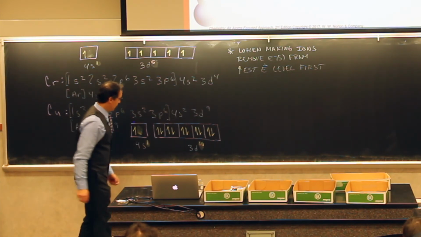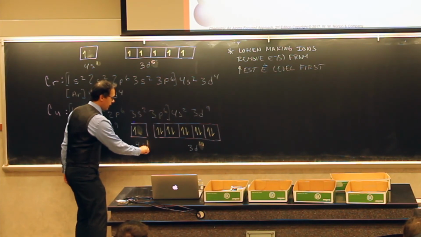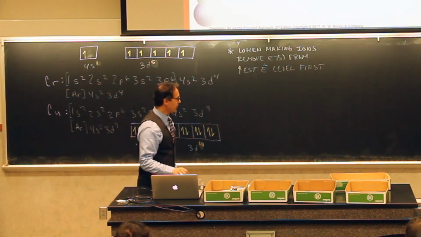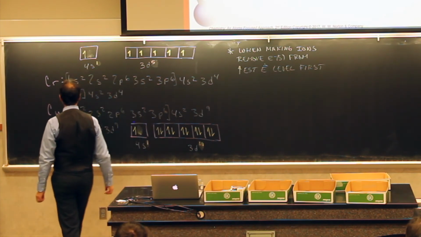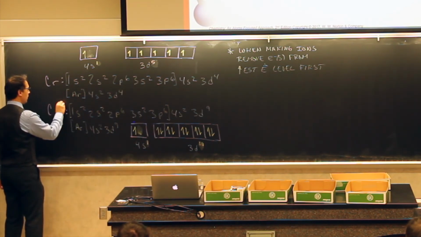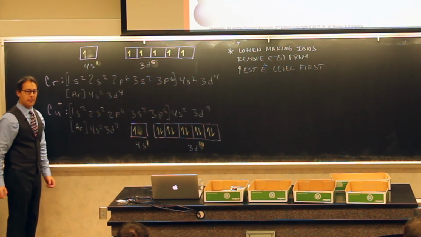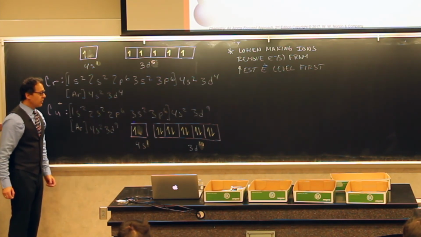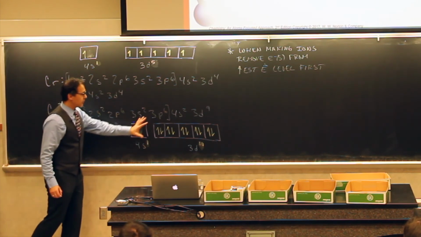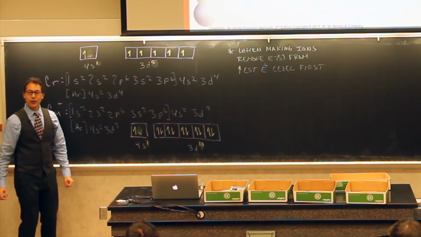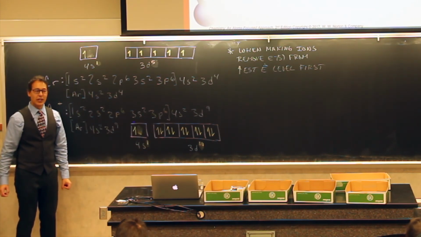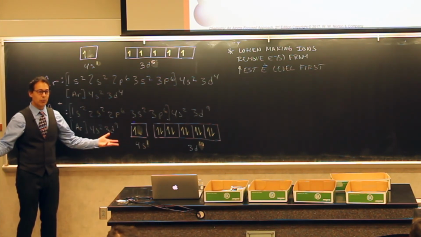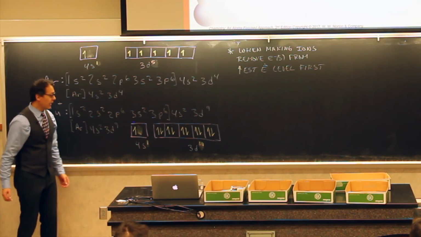Okay. And now, just so you know, copper tends to form a +1 cation in nature. Now, when we take a look at our orbital diagrams here, can you see an electron that might get lost? Which one would it be? The 4s.